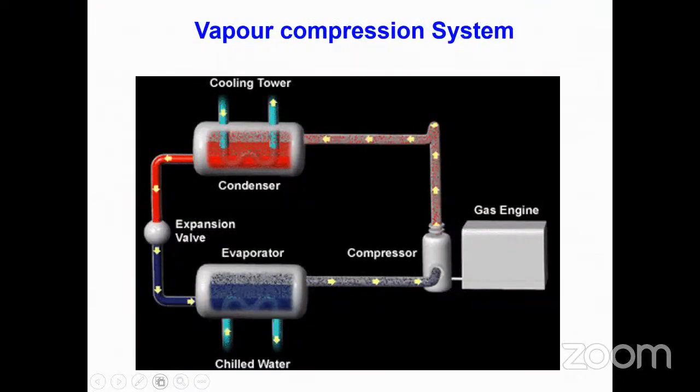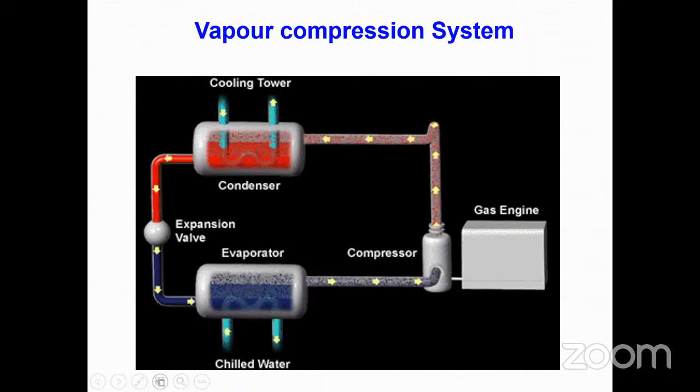So you could see the simple vapour compression cycle. It starts from the compressor. The compressor is coupled with a prime mover, normally an induction motor or any engine, gas engine or diesel engine. It goes to the condenser, where it is cooled by water.